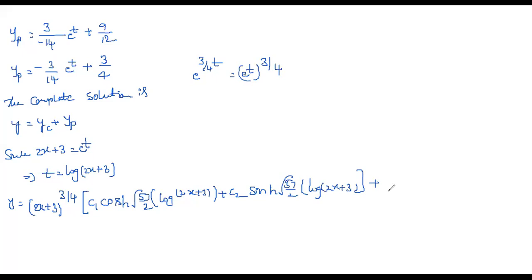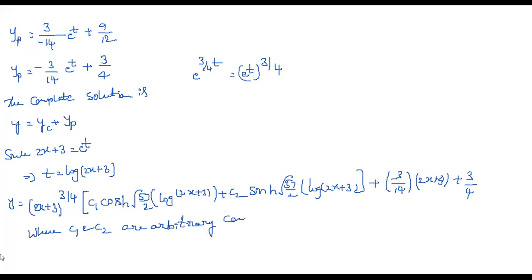So yp is minus 3 by 14 e power t, that is nothing but minus 3 by 14 into 2x plus 3, plus 3 by 4, where c1 and c2 are arbitrary constants.